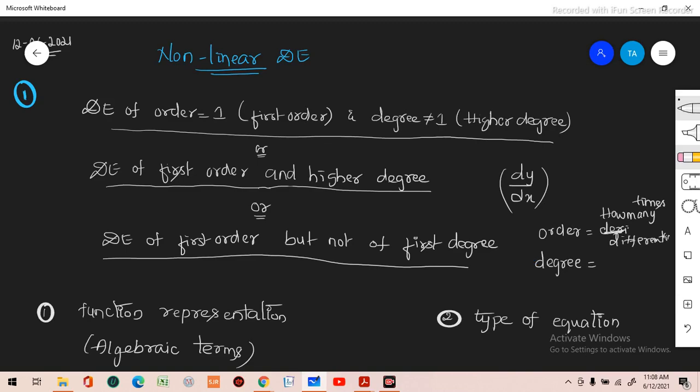So what do you mean by degree? Power, the power of the derivative, is it not?